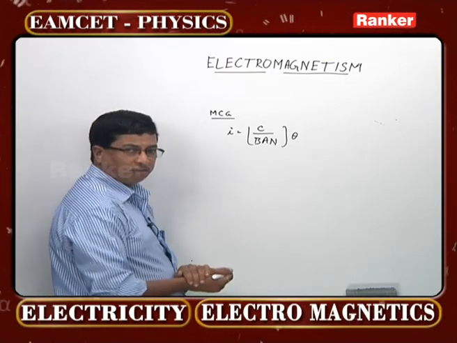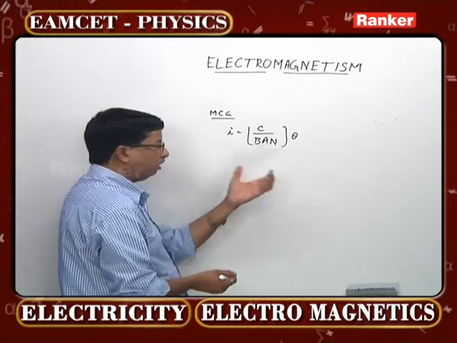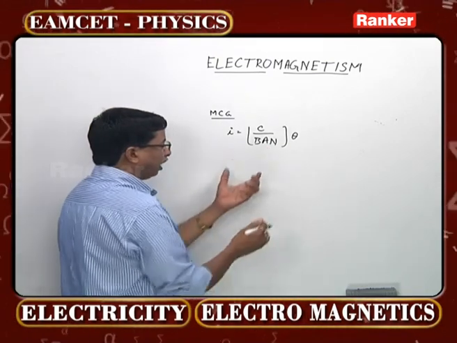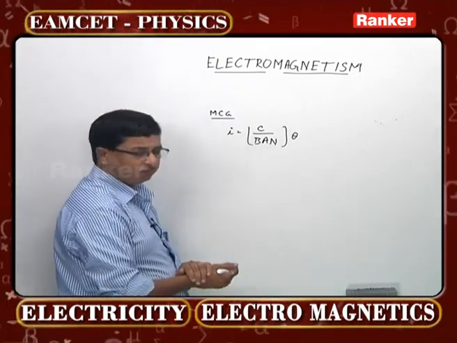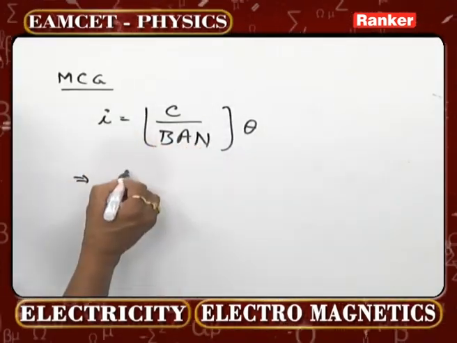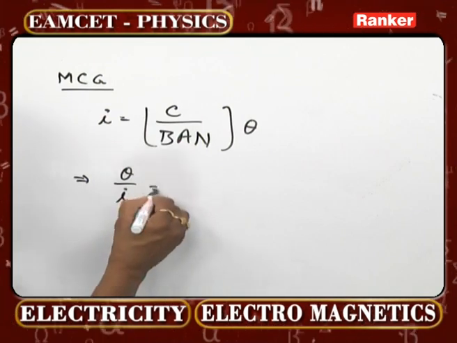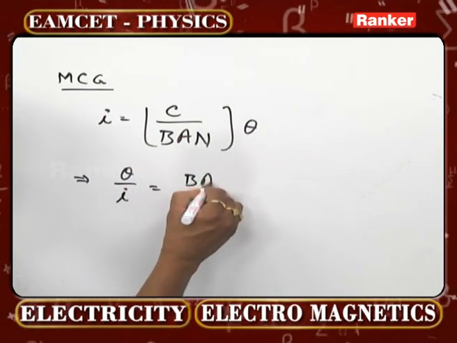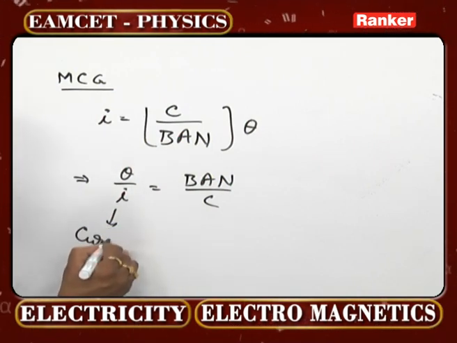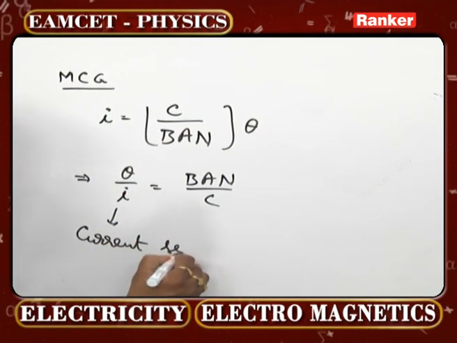A is the area of cross section of that particular coil suspended in the magnetic field, and N is the number of turns. Theta is the angle rotated by that coil as such. So this is the formula. But what is most important over here is theta by I. If you write, this is BAN by C. This is what we call current sensitivity.